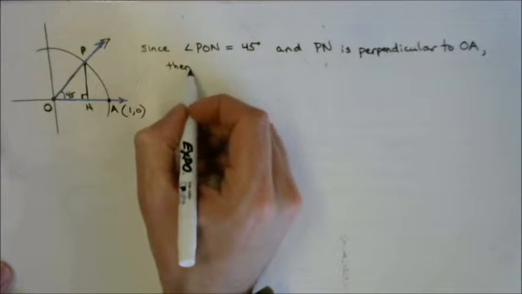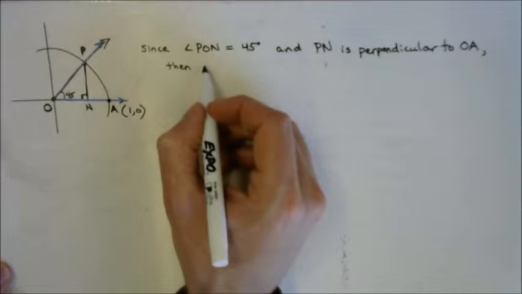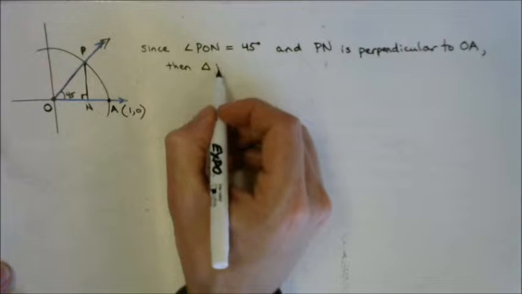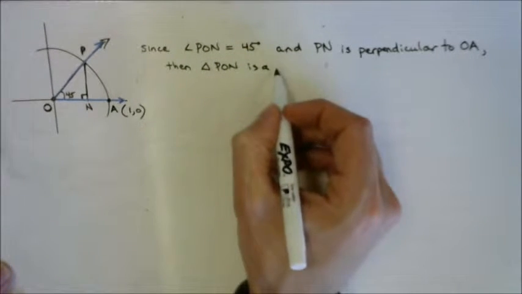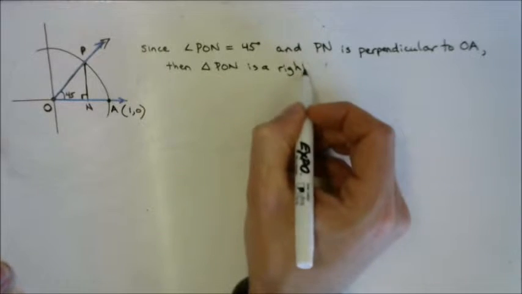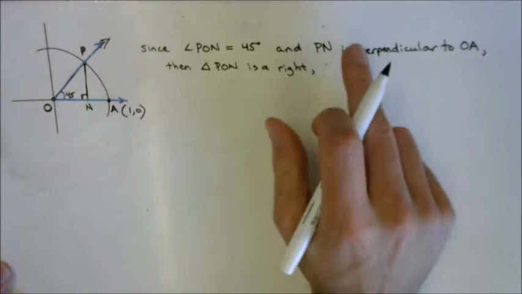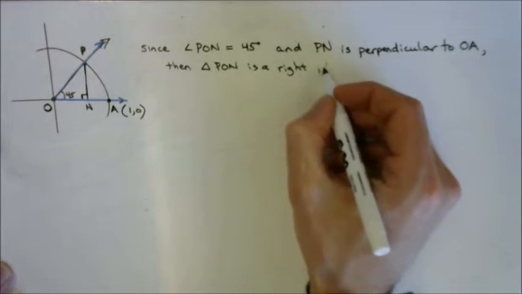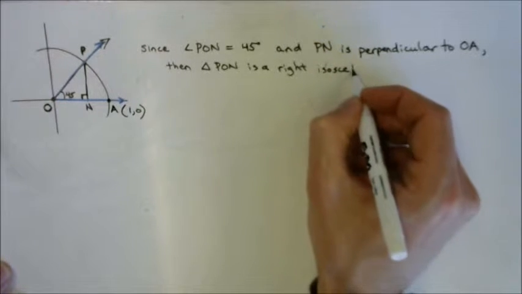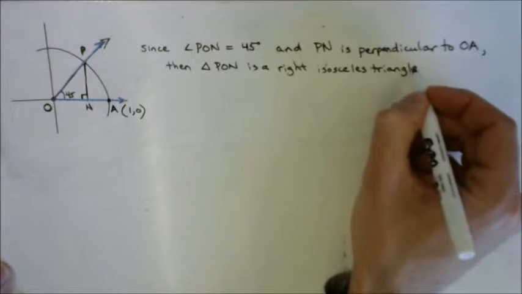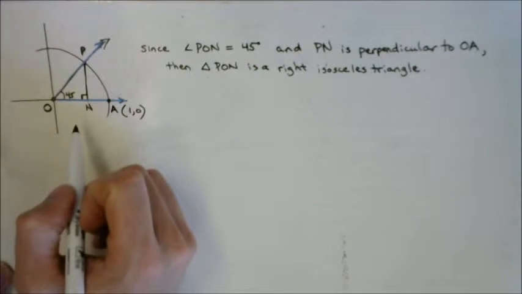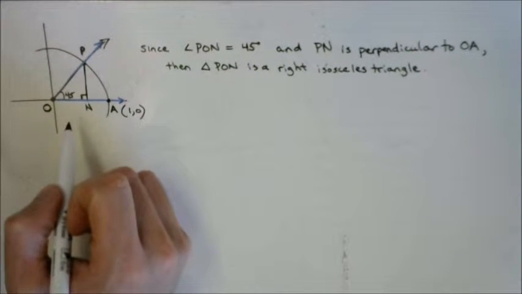Then triangle PON is a right isosceles triangle.